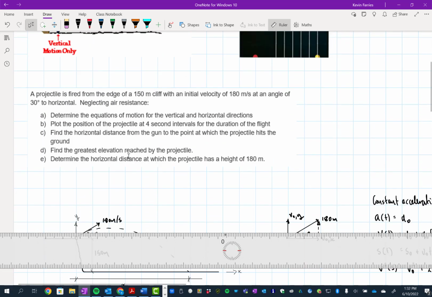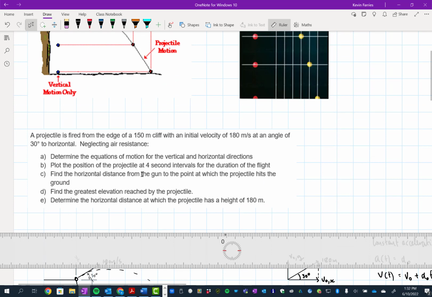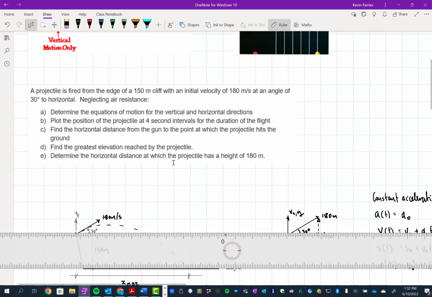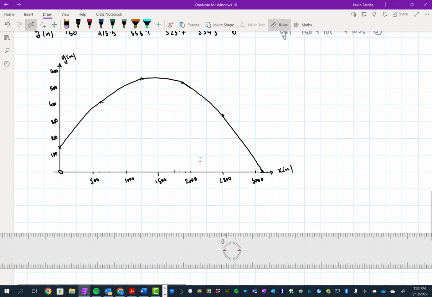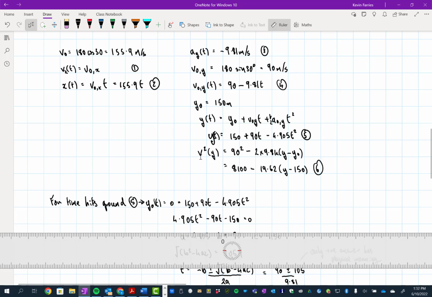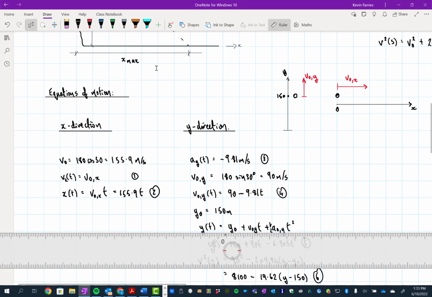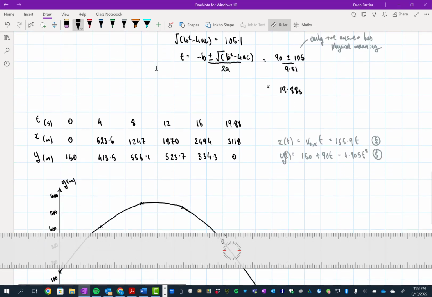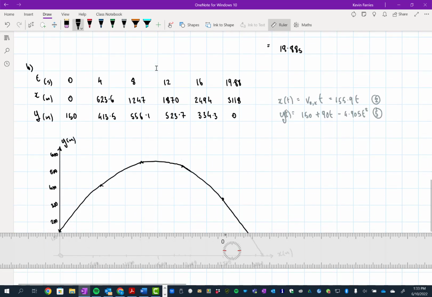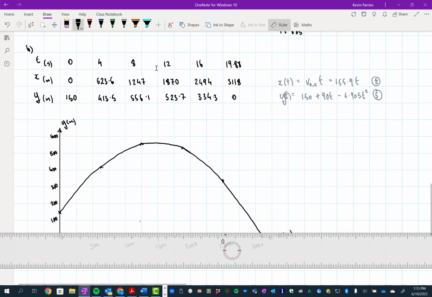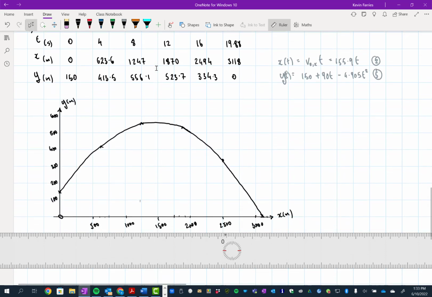Let's try and solve some of the other problems it's asked us to do. Find the horizontal distance from the gun to the point at which the projectile hits the ground. So what were we up to here? This was part A, and this here was part B, where we figured out the positions.